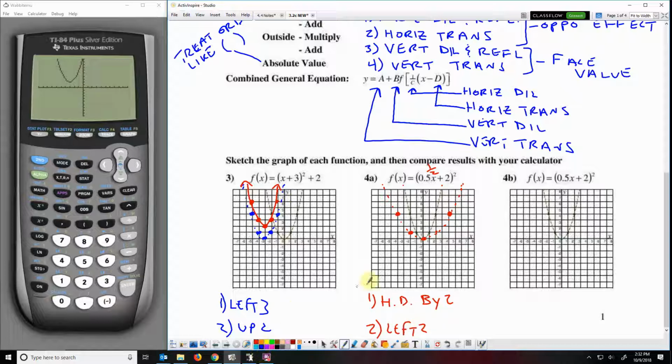So all of my coordinates should just move 2 units to the left. So we'll go back to our graph, clear that out, and type it in.